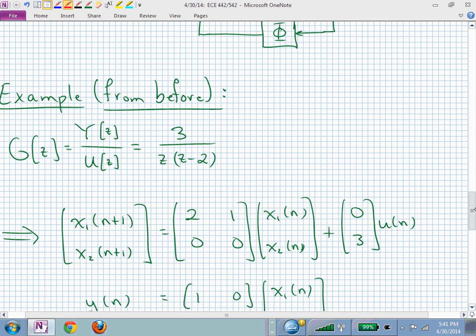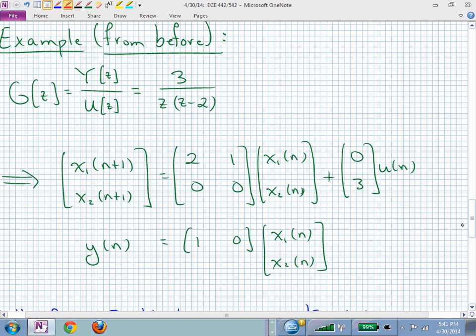Let's return to what we had last time. Here is our example system. Because we've been playing the last few weeks with transfer functions, let's just start with a g of z. And if you have that g of z, you should actually see the root locus for that g of z.